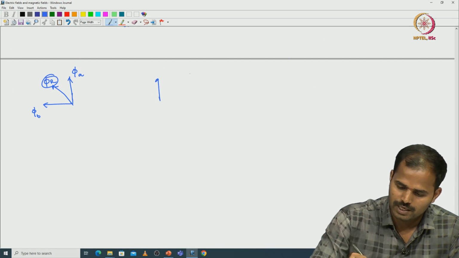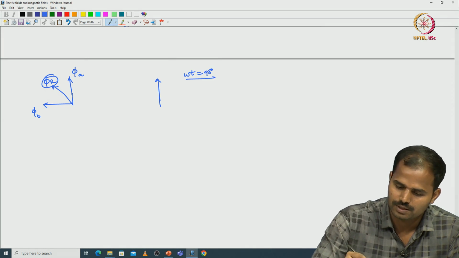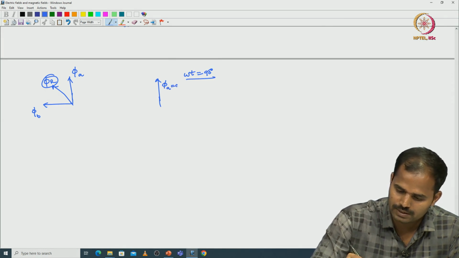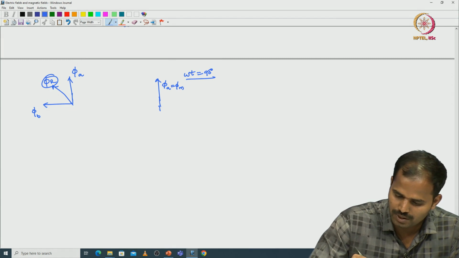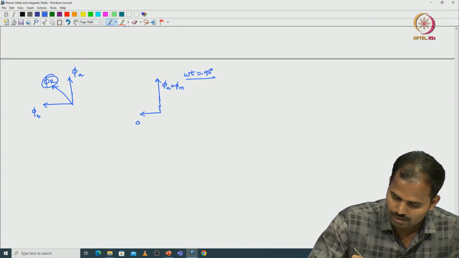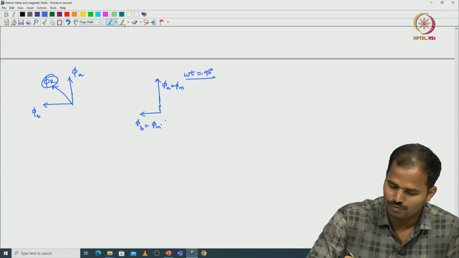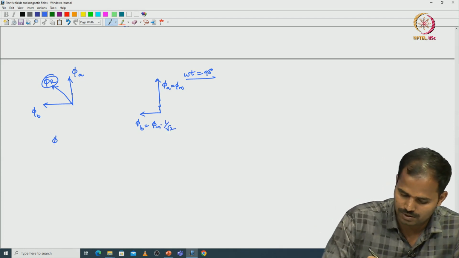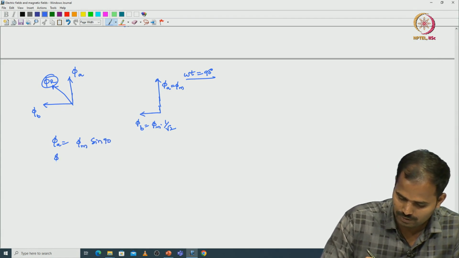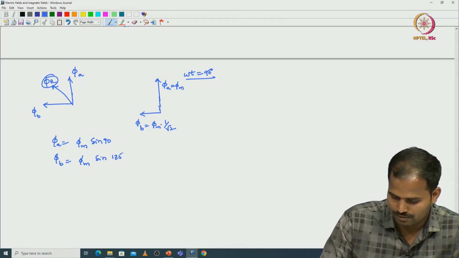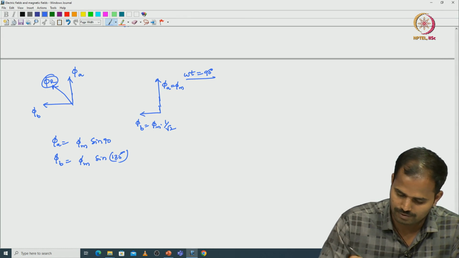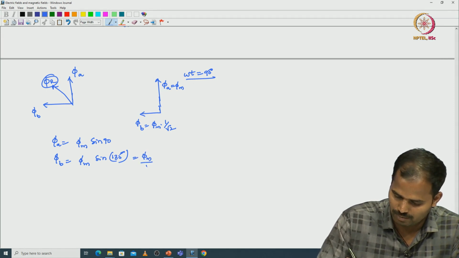As per the instant omega t equals 90 degrees, the phi A vector magnitude is phi m, and the phi B vector magnitude is phi m into 1 by root 2, because phi A equals phi m sin 90 and phi B equals phi m sin 135 degrees, or 3 pi by 4, which equals phi m by root 2.